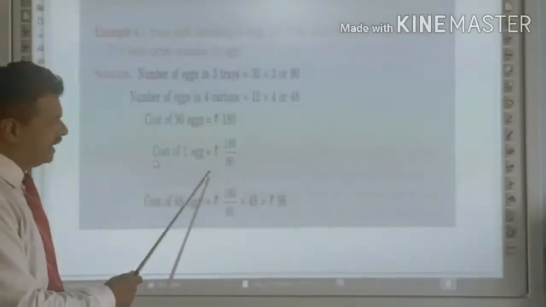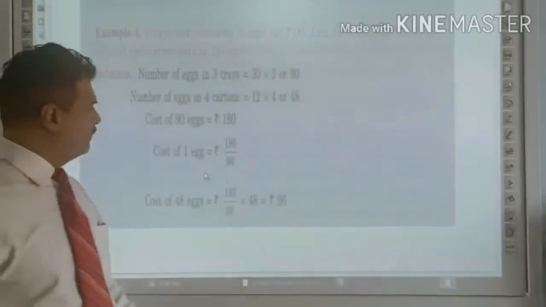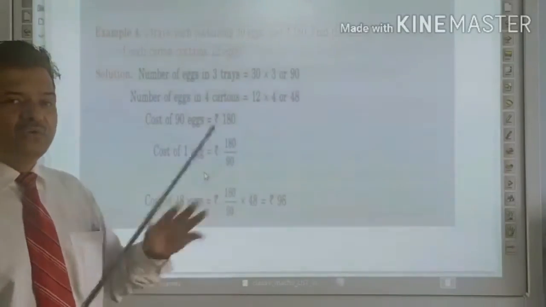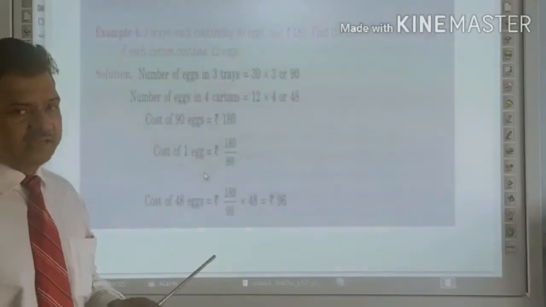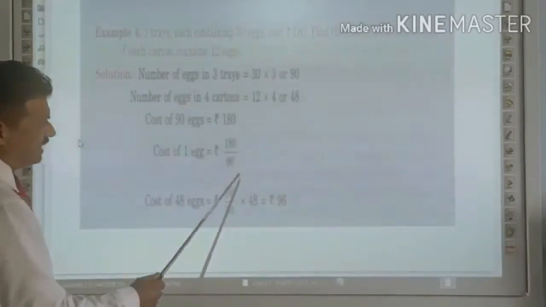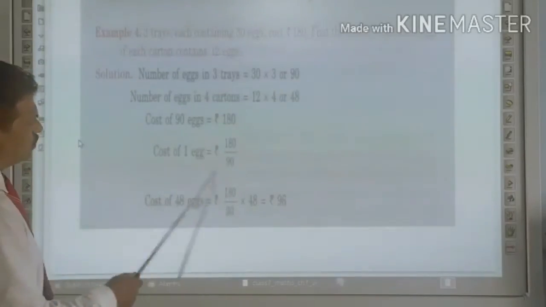The cost of 1 egg is equal to 180 upon 90, because when we go from many to 1, we divide the quantity. It is 2.